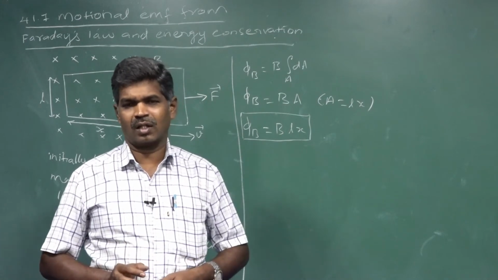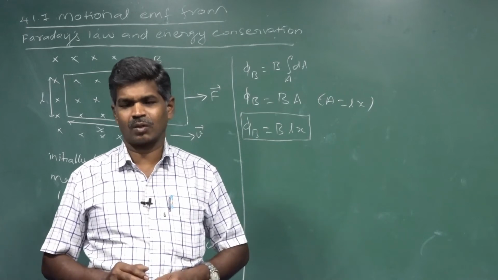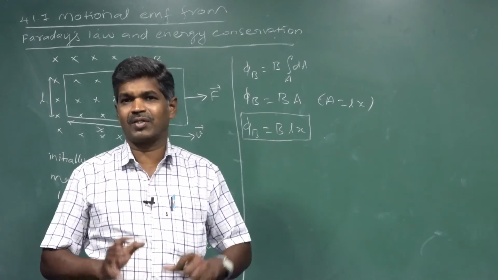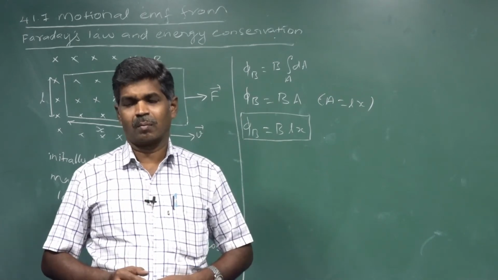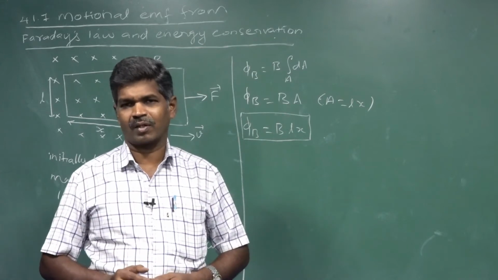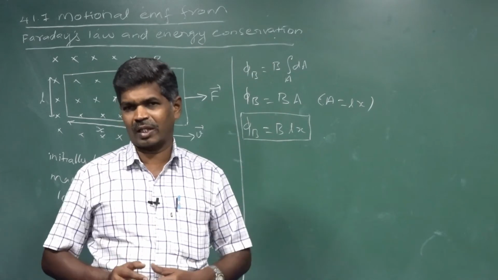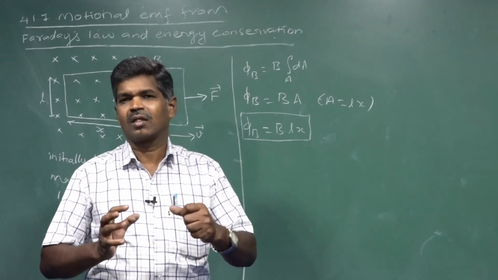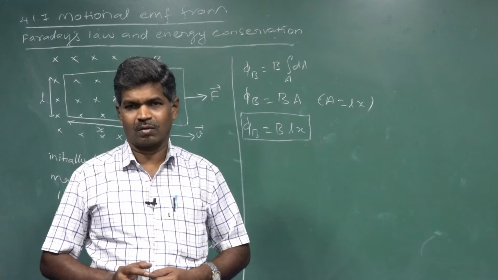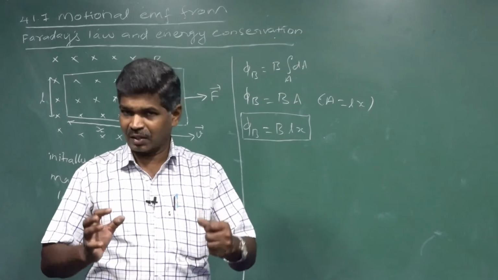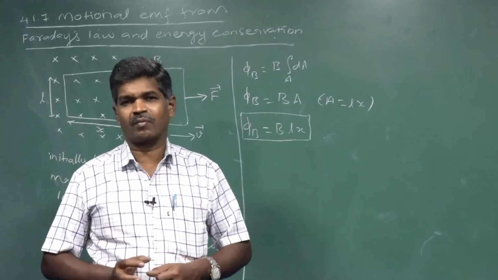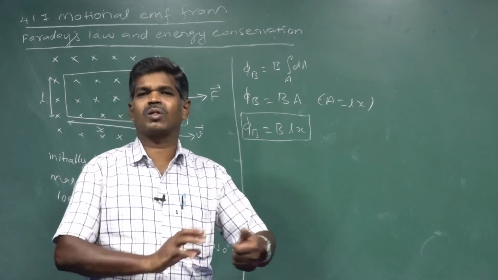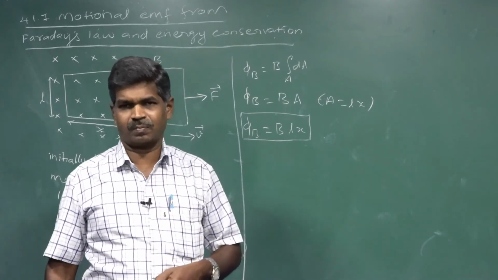Next, the second law measures the EMF. The magnitude of the induced EMF is equal to the rate of change of magnetic flux linked with that closed area. The amount by which flux changes with respect to time is equal to the EMF induced in it.